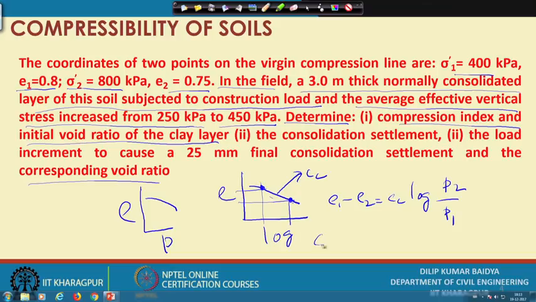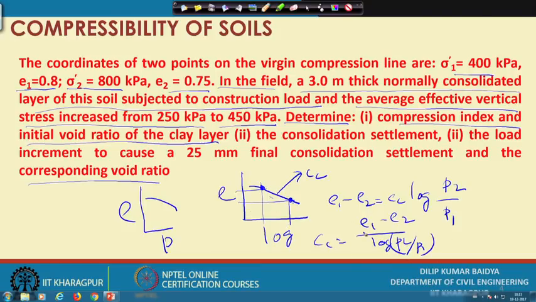So, Cc will be (e 1 minus e 2) by log (p 2 by p 1). If I want to find the slope of the line, I take 2 points at p 1 and p 2 and e 1 and e 2. So, this should be the expression.